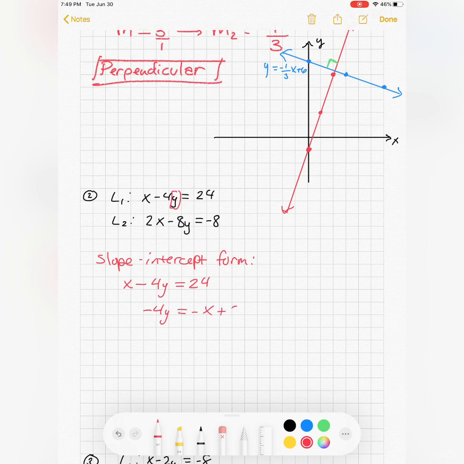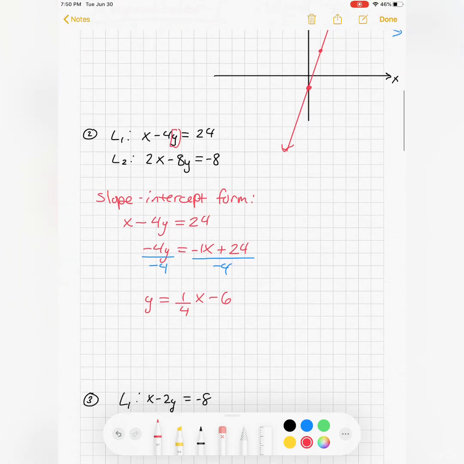Subtract the x. Divide by negative 4. So what do we end up with for the first line? Let's see, -1 over -4 is a quarter x. 24 divided by -4 is -6. There's line 1, written in slope-intercept form.